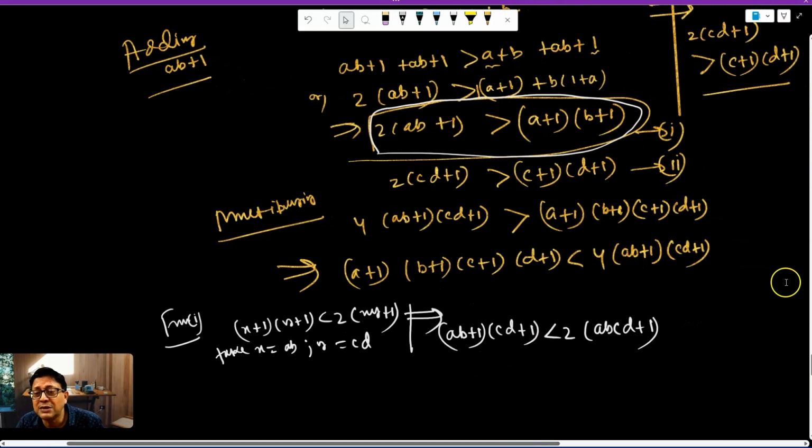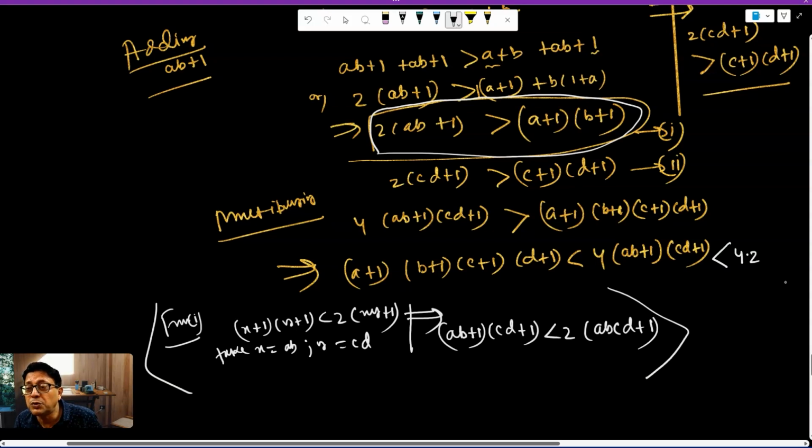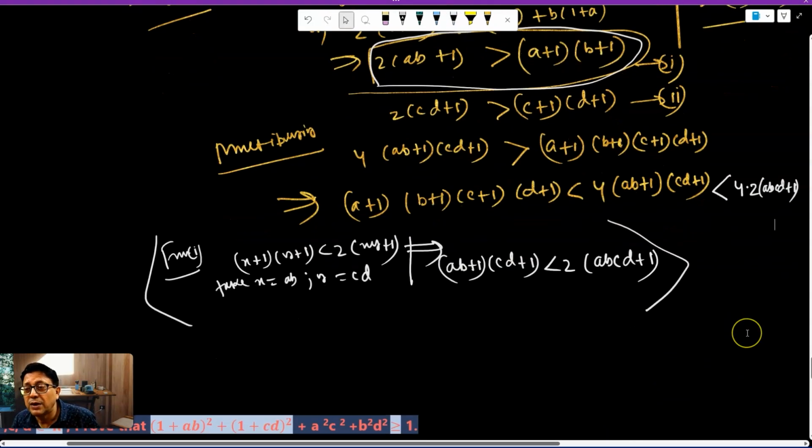Because (A+B+1)(C+D+1) is less than 2 into ABCD plus 1. The transitive property lets us apply this. This thing is going to be less than 4 into 2 ABCD plus 1, isn't it?